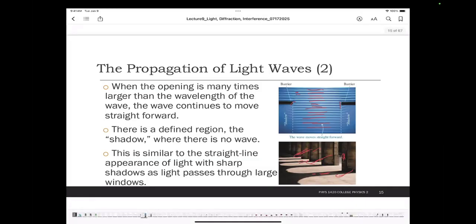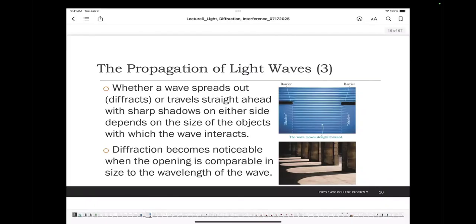Whether a wave spreads out or travels straight ahead with sharp shadows on either side depends on the size of the objects with which the wave interacts. Diffraction becomes noticeable when the opening is comparable in size to the wavelength of the wave.